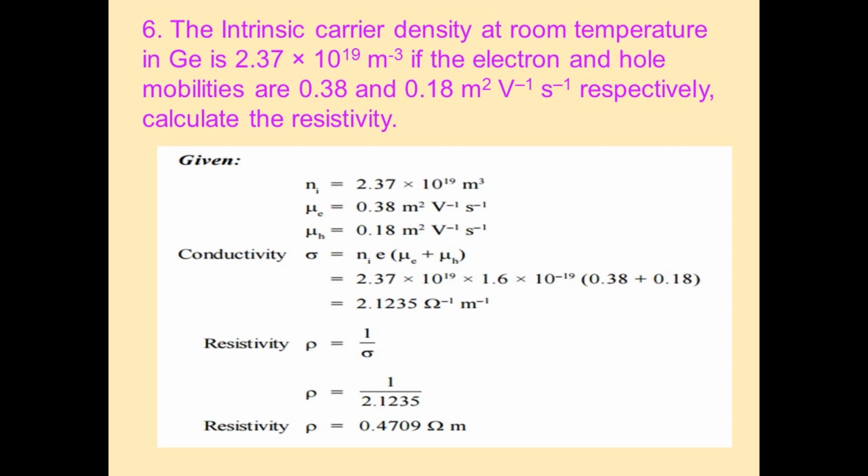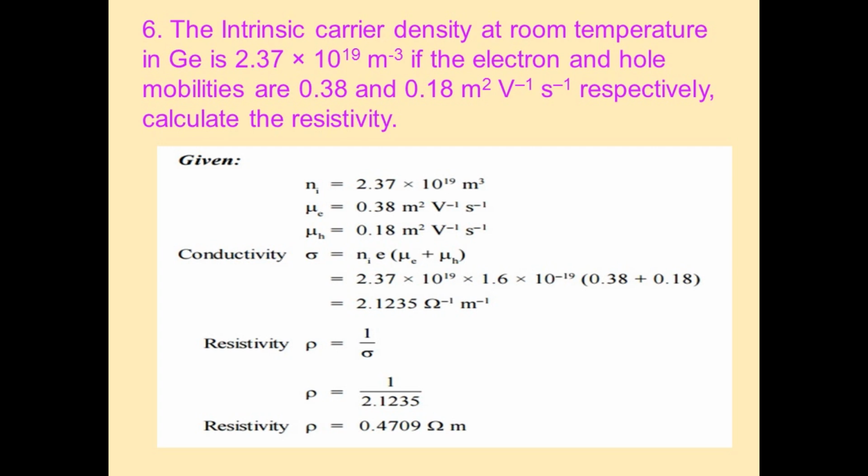Next, sixth one. The intrinsic carrier density at room temperature in germanium is 2.37 into 10 power 19 per meter cube. Electron and hole mobilities are given as 0.38 and 0.18 meter square volt inverse second inverse. Calculate the resistivity.